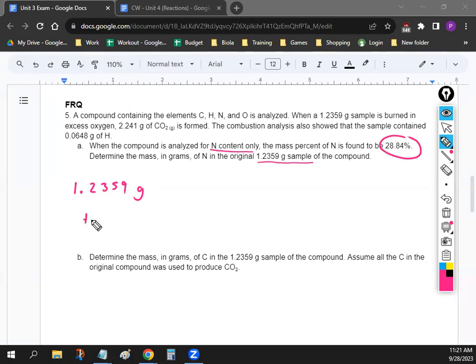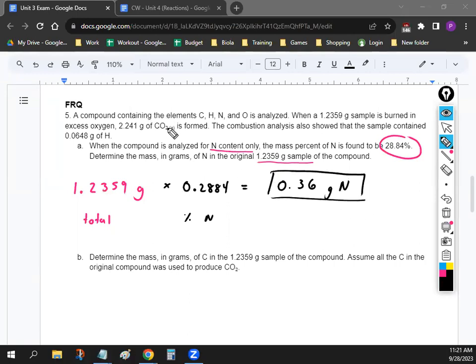Well, if this is the total, and it tells you that the total compound is 28.84% nitrogen, all you have to do is multiply this by 28.84% or 0.2884, and that's going to give you the nitrogen content. Okay, so you just punch that into your calculator, and you should get 0.36 grams of nitrogen.